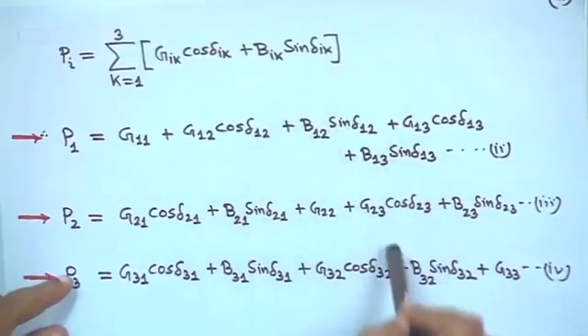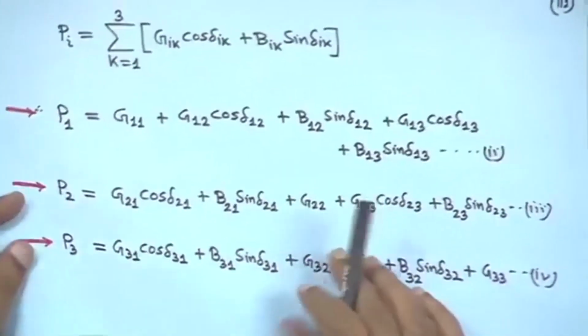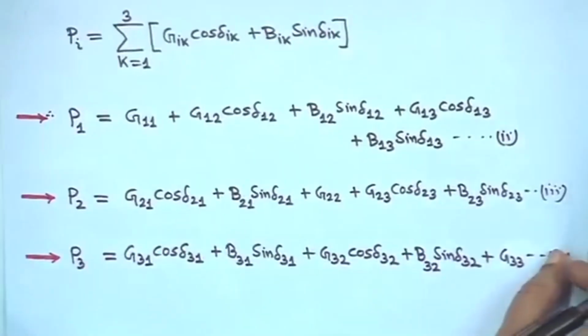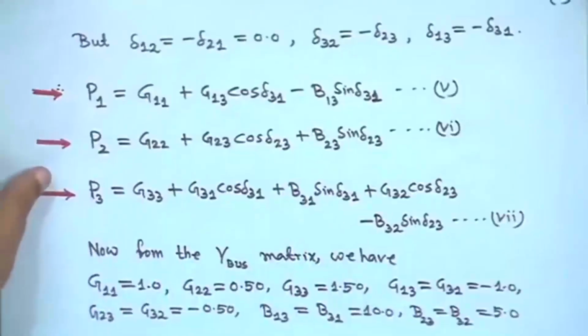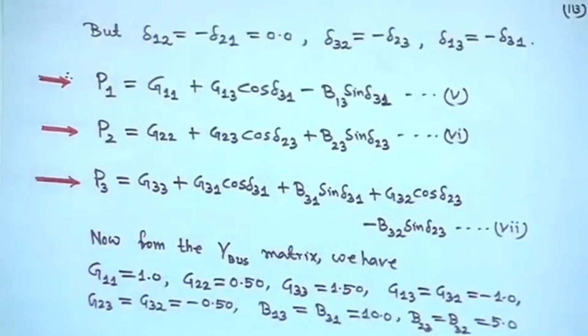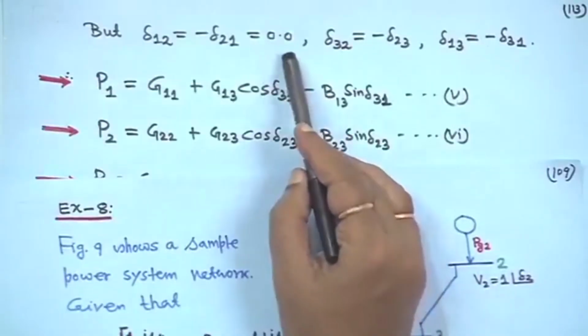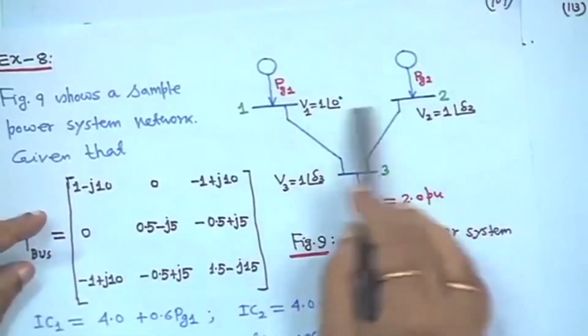So, that is why everywhere when you expand it is 5 terms, right. Now, delta 1 2 and delta 2 1 are equal to 0, because line 1 2 is not connected, right.